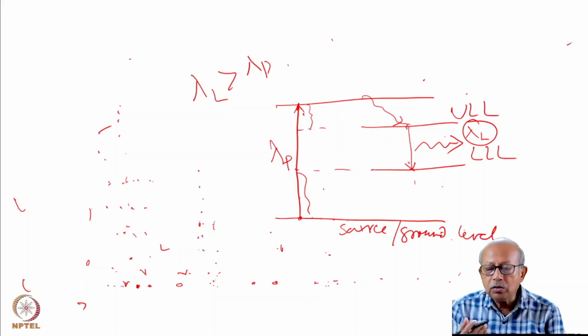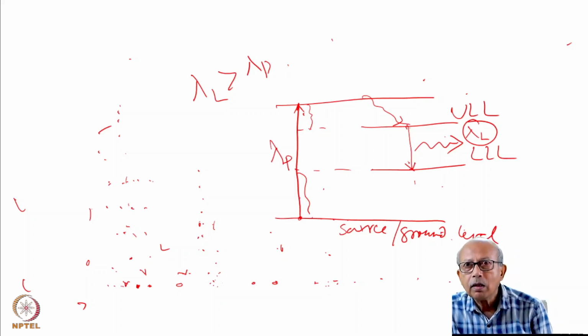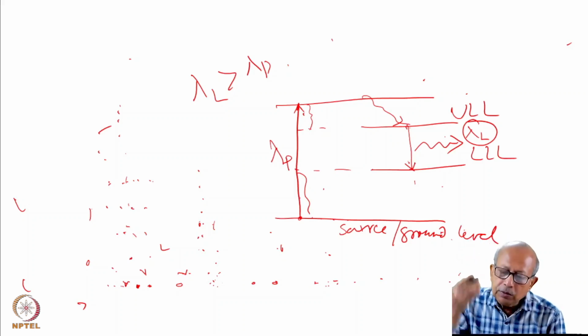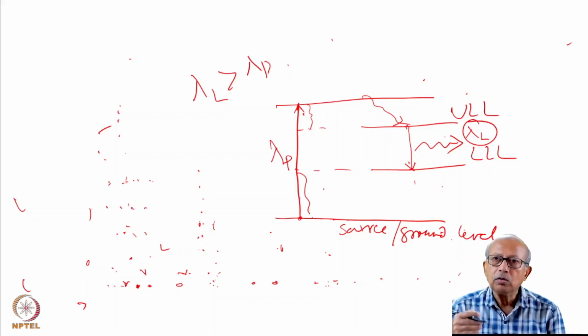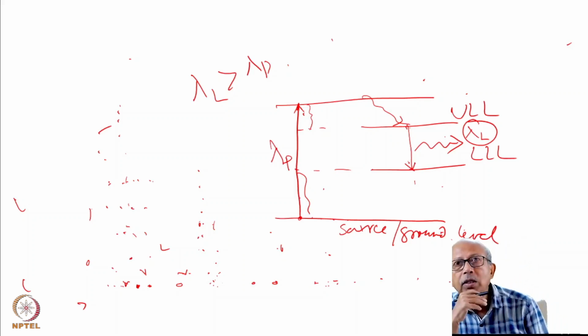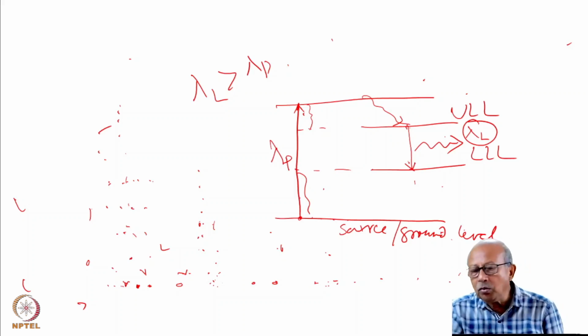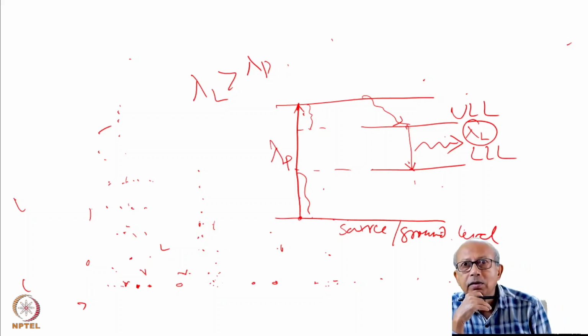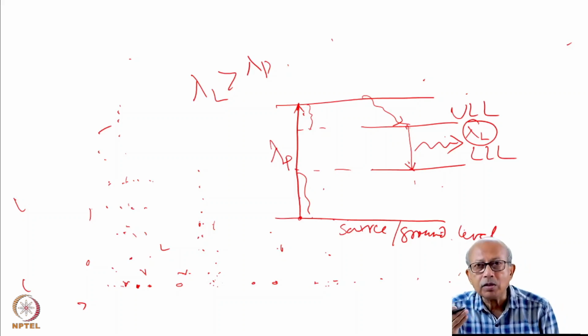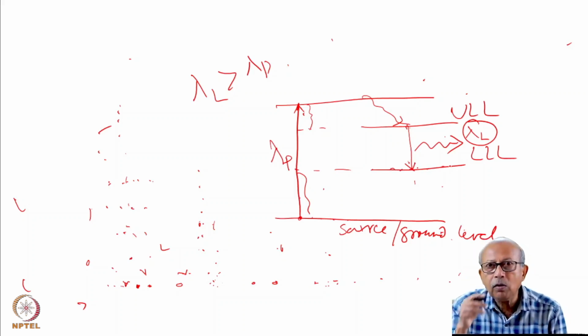If you try to increase the output power of the laser, that means you will dissipate more power into the system. That will increase the temperature of the lasing medium. Unless you have a mechanism to remove that heat, the temperature will increase, and as a result the population of the lower laser level will increase.